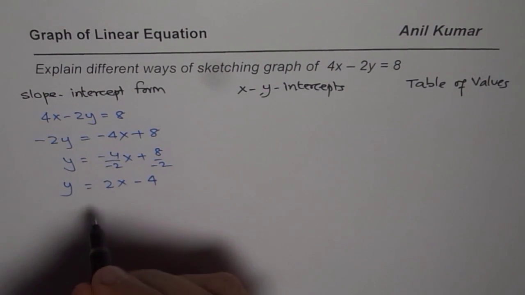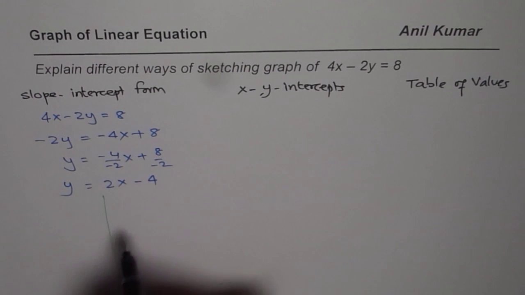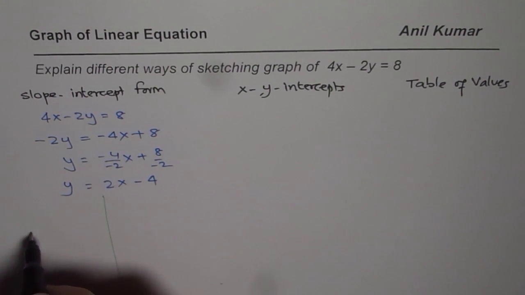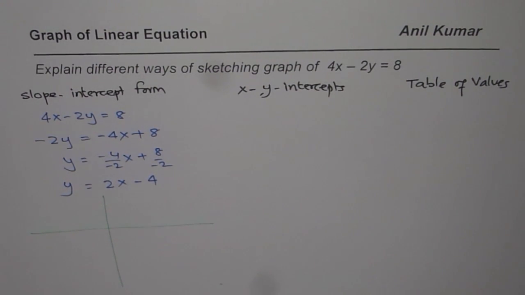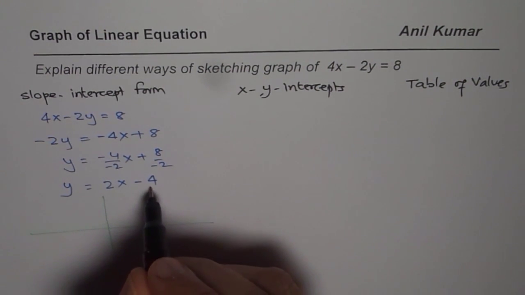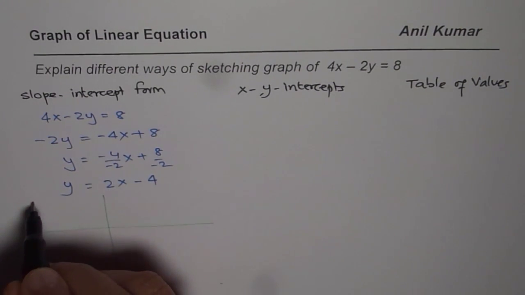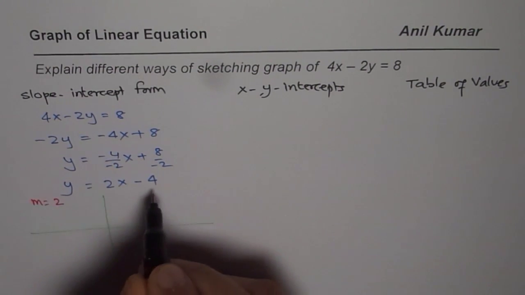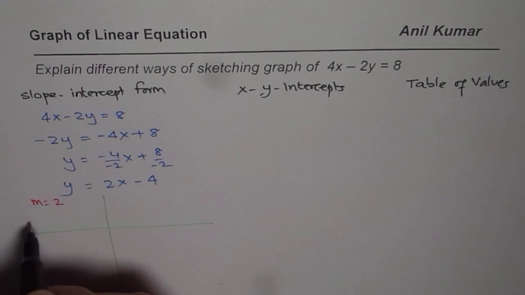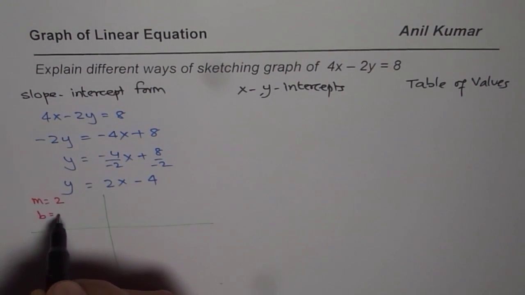Now how to sketch from this slope-intercept form? Let us see that part. Let us say this is the coordinate plane with x and y axis. Here the slope is 2, right? So let me write slope m equals 2, and b, the y-intercept, is minus 4.